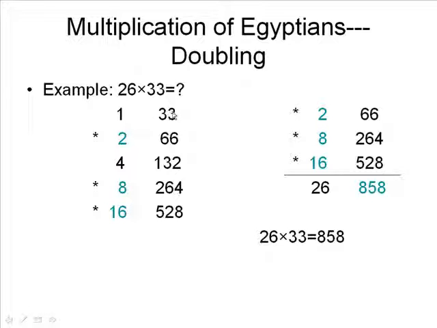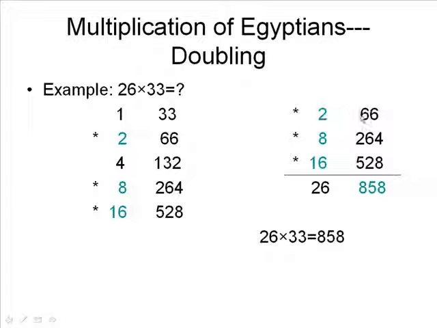And so we have the multiples of 33, and we can look at the first column, because what we need is 26 33s. So we try to make 26, and we pick the numbers 16, 8, and 2, and add them together, which is exactly 26. And we find their corresponding multiples.